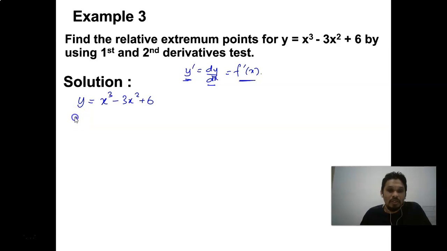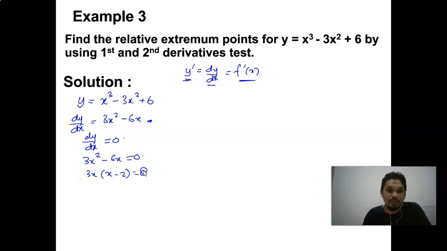So dy/dx equals 3x squared minus 6x. Factorize and make it equal to 0: 3x squared minus 6x equals 0, so 3x(x minus 2). We get two values, x equals 0 and x equals 2.